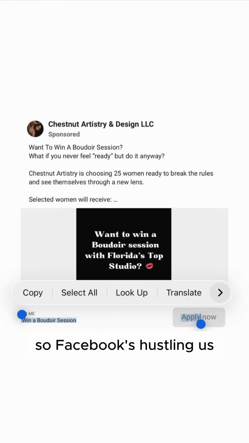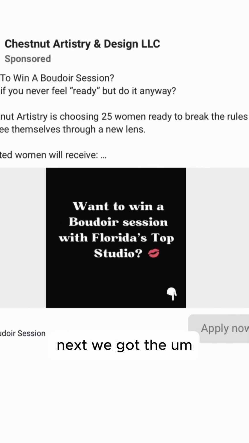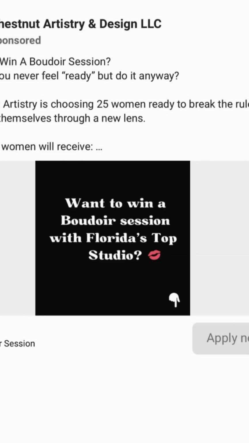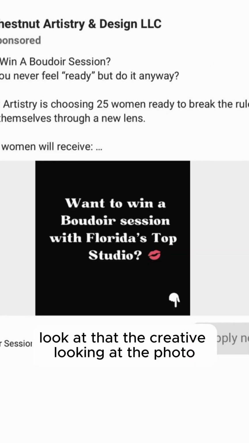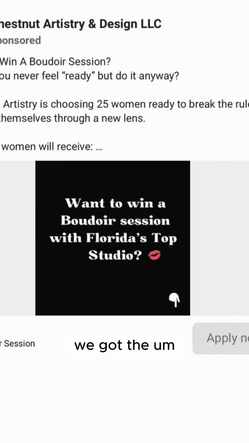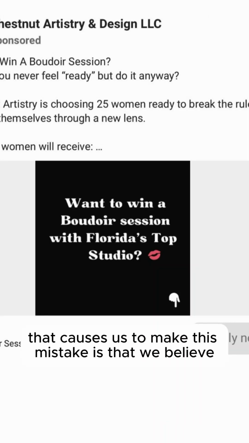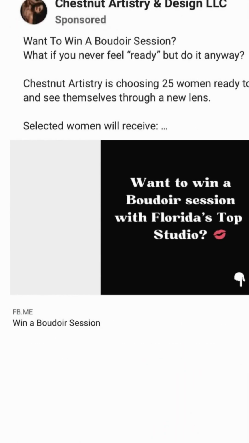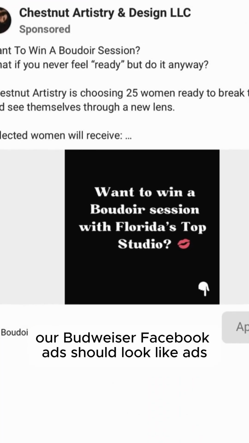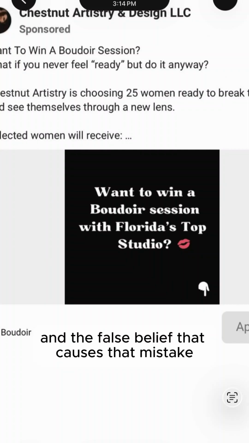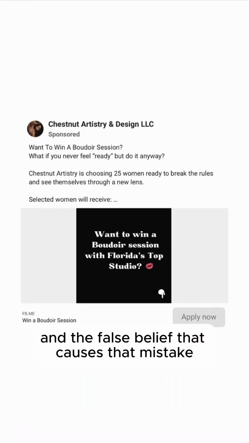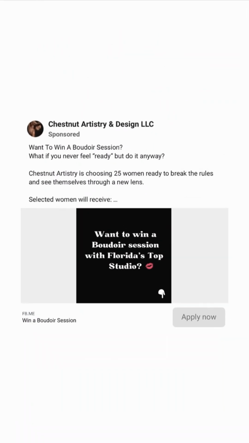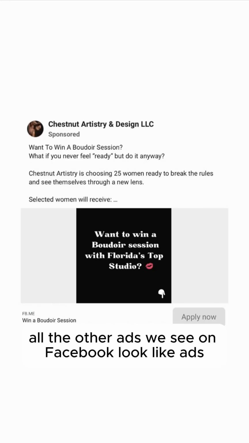So Facebook's hustling us. Next, looking at the creative, looking at the photo, we've got the looks-like-an-ad mistake. The false belief that causes us to make this mistake is that we believe our Boudoir Facebook ads should look like ads, because basically all the other ads we see on Facebook look like ads.